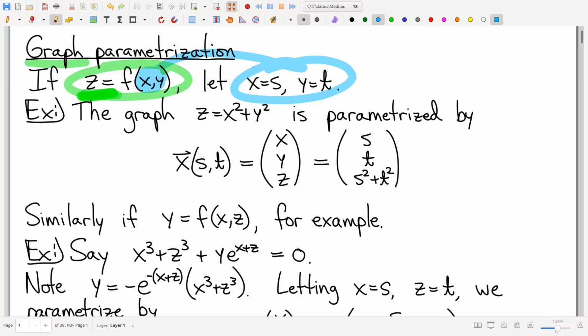So, as follows, you'll notice that in this example we've got z is x squared plus y squared. So, z is a function of x and y. Indeed, this is a graph, and x and y are our input variables. As suggested here, I'm going to let x and y be s and t in my developing parameterization.